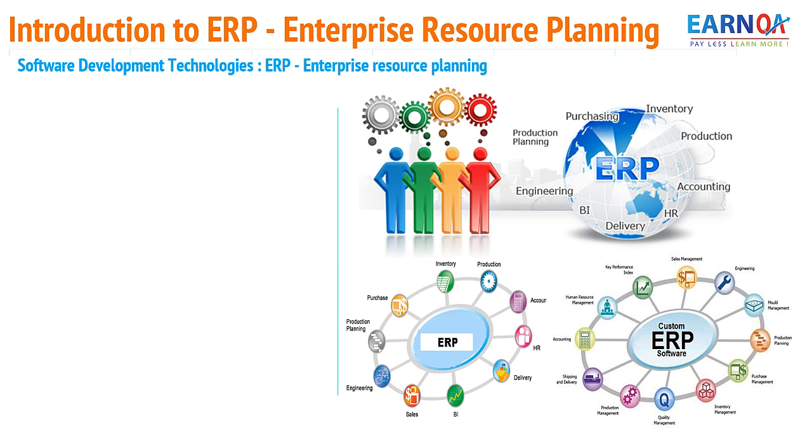So ERP is all about helping organizations, the bigger companies, our customers, with inventory management, production systems management, the accounting department, HR, delivery, business intelligence, engineering, production planning, purchasing, human resources. All the organization-level specific categories and functionalities can be easily tracked and maintained with technologies called ERP. So what is ERP?